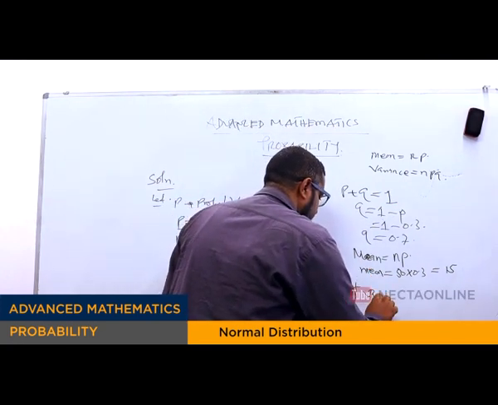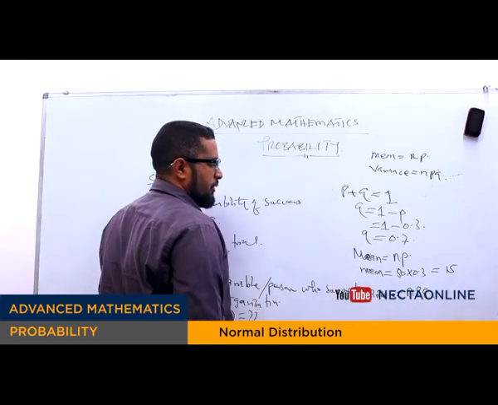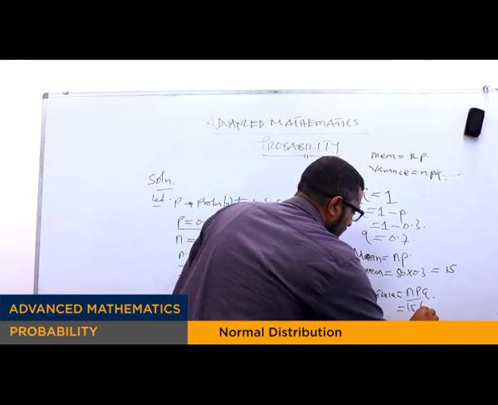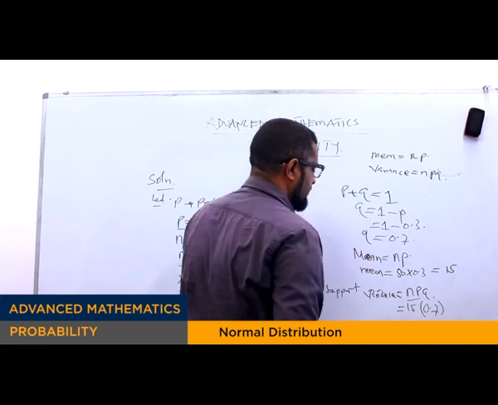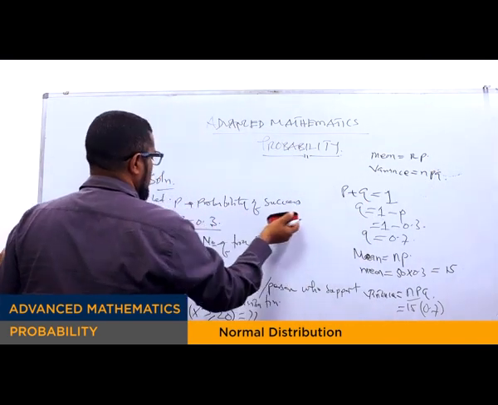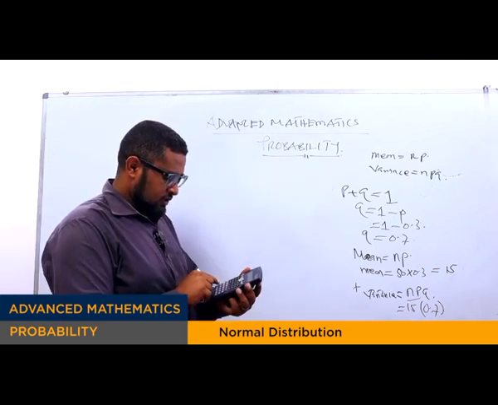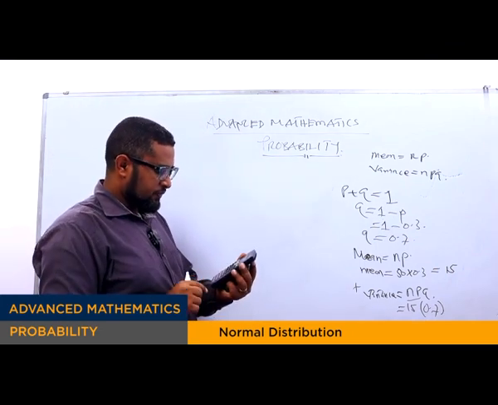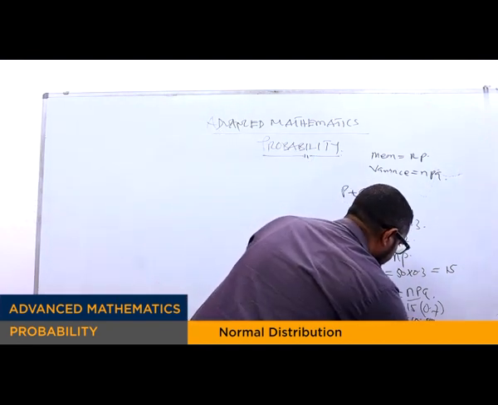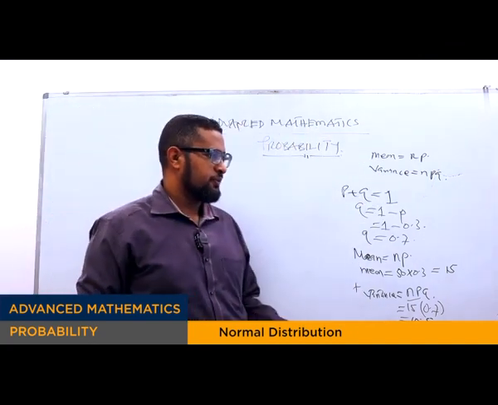Now checking the variance is NPQ. But you have already NP. Our NP is 15. What is our Q? It is 0.7. Then use your calculator, multiply and see what will be the value. So if you use calculator, 15 times 0.7 is 10.5.